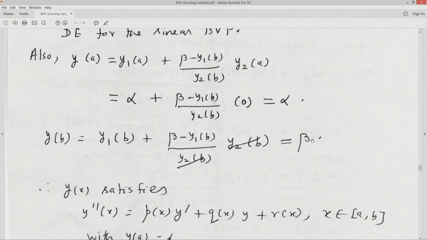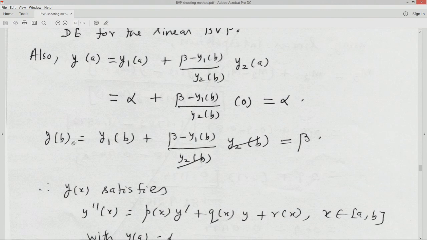In addition, what is y at a? It is y1 at a plus this multiplied by y2 at a, which is 0, and this simplifies to alpha. So, the boundary condition at the left end point, namely x is equal to a, is satisfied.